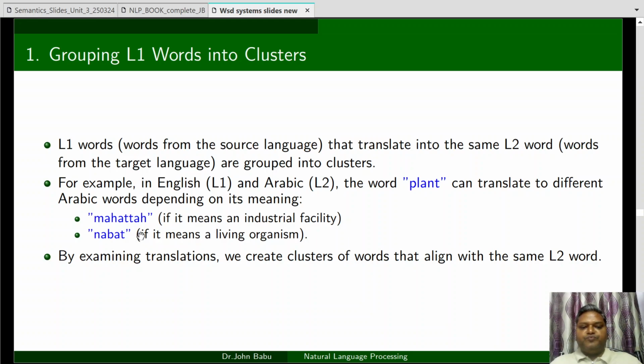Even in Telugu, when we talk about plant in the industrial sense, we use Parisrama, whereas when we talk about plant as a living organism, we use the word Mokka. So when we translate those sentences into another language, the ambiguity will be resolved. So by examining translations, we create clusters of words that align with the same L2 word.